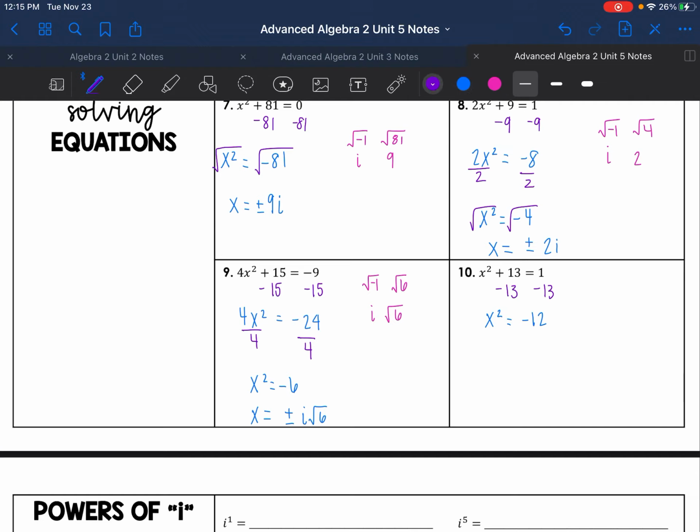And then we take the square root. Now, square root of negative 12, we first have to take out the negative 1, leaving us with the positive 12.